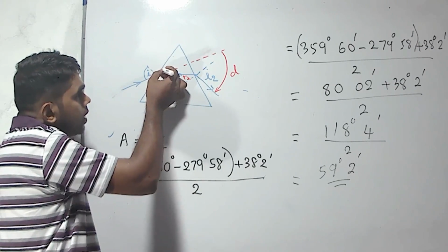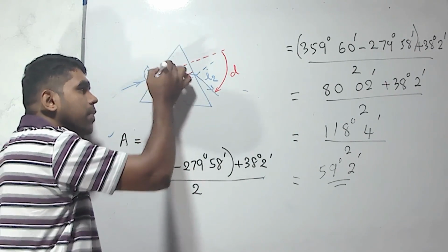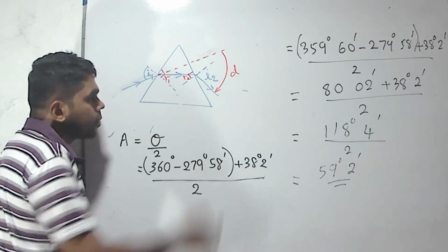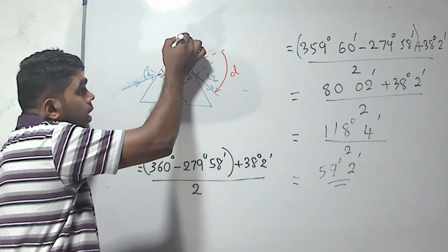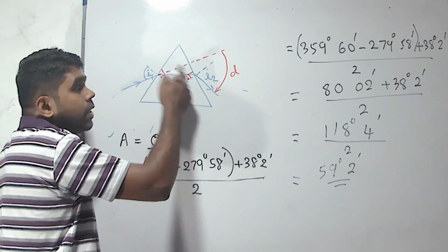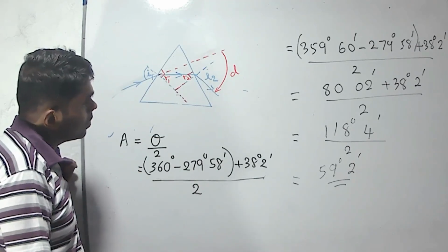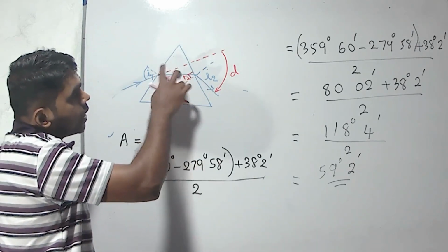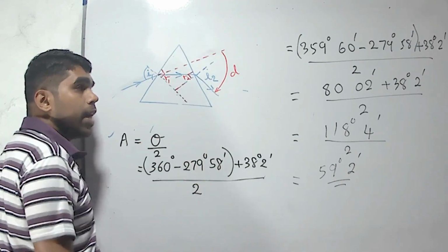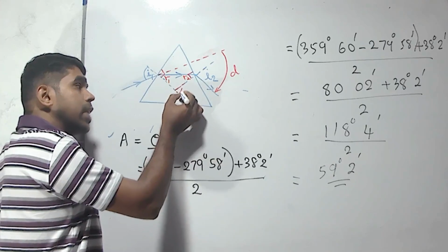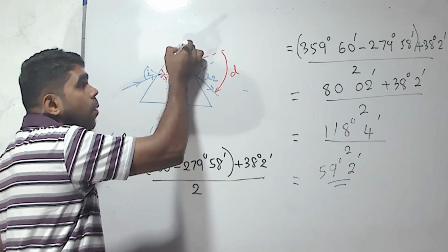And we know that this angle and this angle are 90 degrees, the angle between the prism surface and the perpendicular line. And we know that the opposite angles of this quadrilateral are supplementary. The sum is 180, 90 plus 90. Then it is a cyclic quadrilateral. Therefore, this exterior angle of the cyclic quadrilateral should be equal to the interior opposite angle.